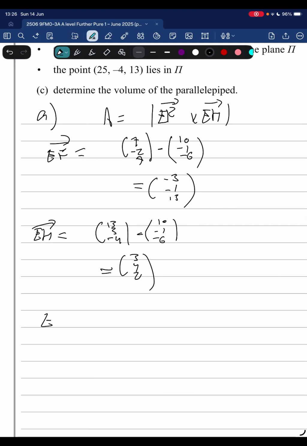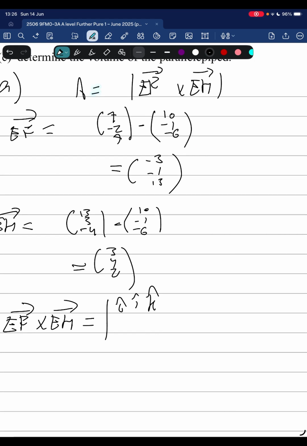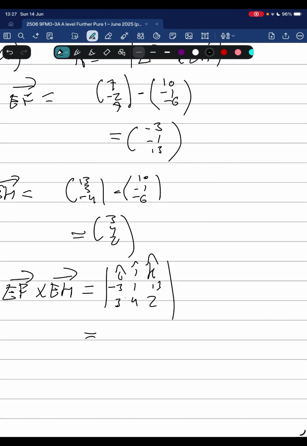So now EF cross EH is the determinant of i, j, k, minus 3, 1, 13, 3, 4, 2. And that is going to give us minus 54i plus 45j, because don't forget the sign changes, and then minus 9k.